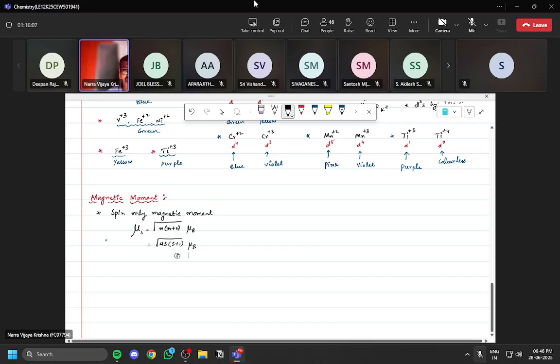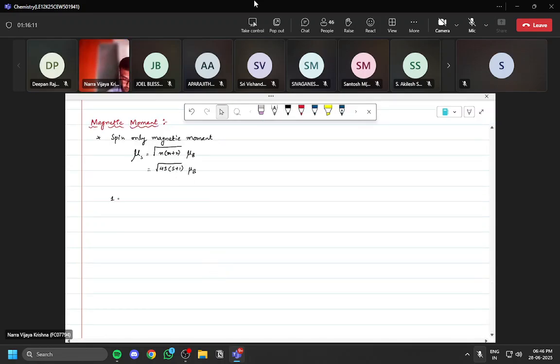What is one Bohr magneton? It is eh upon 4 pi m, which is equal to 9.27 into 10 power minus 24 joule per Tesla.